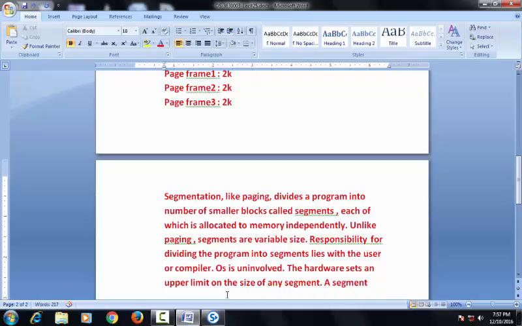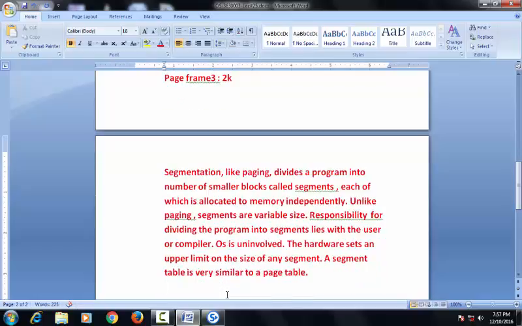A segment table is very similar to a page table. As we had a page table which translates a logical address to a physical address, in the segmentation technique we must have a segment table, used for translating from logical segment to physical segment, that is, logical address to physical address.